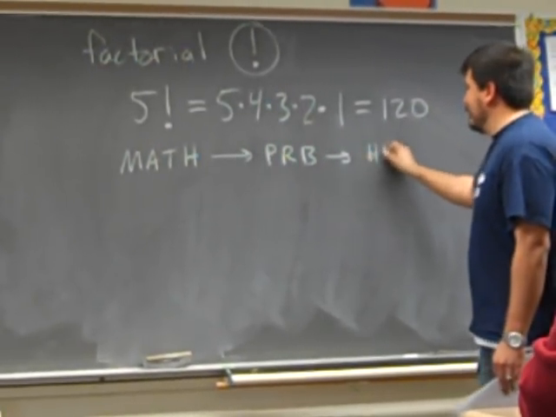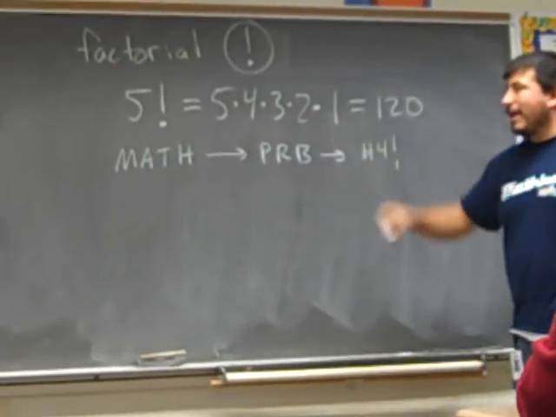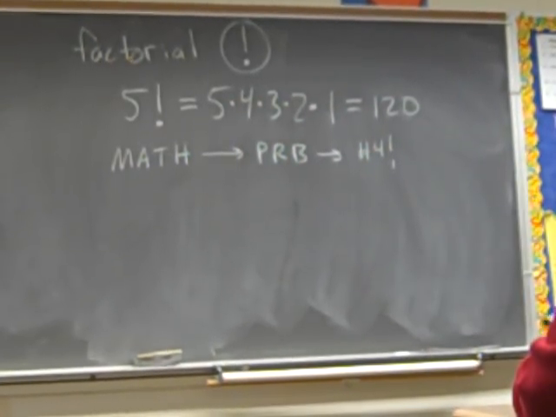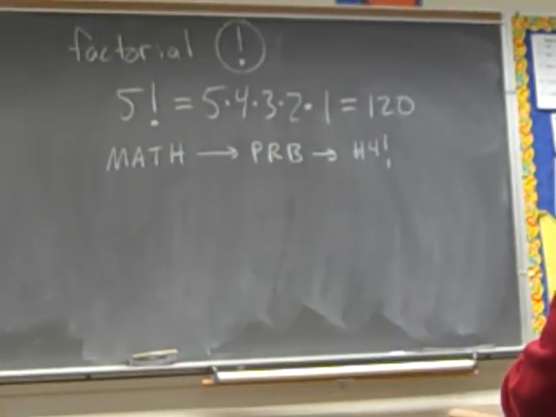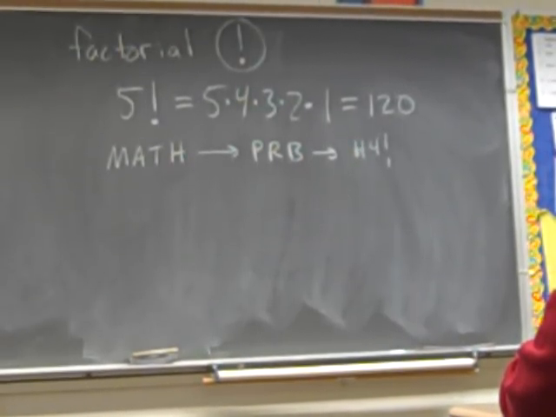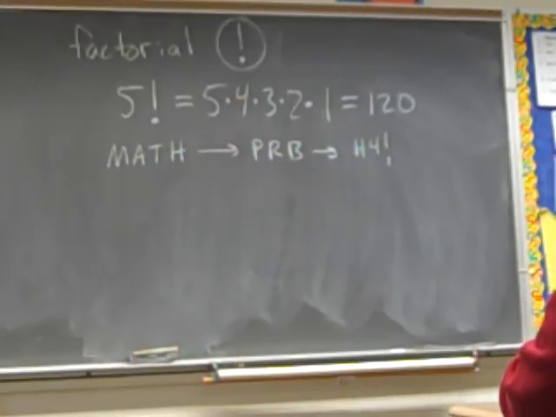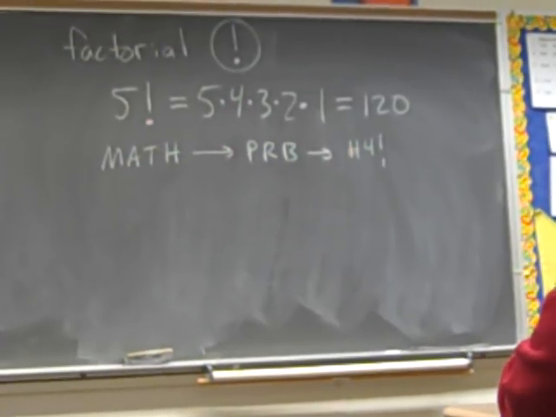Number 4. Okay, so if you wanted to compute 5 factorial on the calculator, you type in 5 first, go to math, go to probability, select the exclamation point, and you get 120. Okay, questions on where to go or how this works?